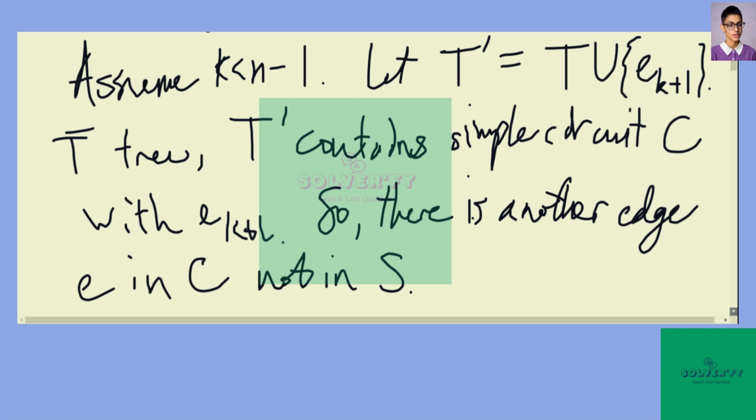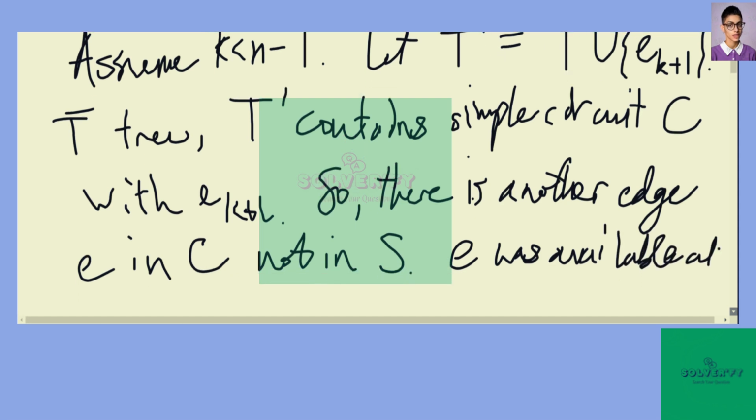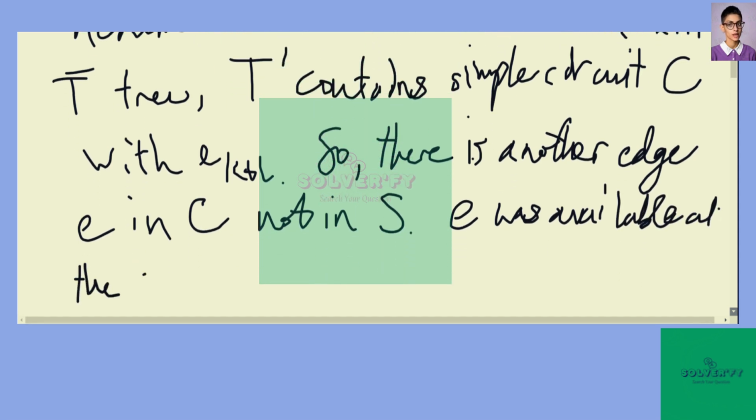So if E were contained in S, then S would not be a tree anymore. So moreover, we have this edge E was available at the stage where EK plus 1 was chosen.